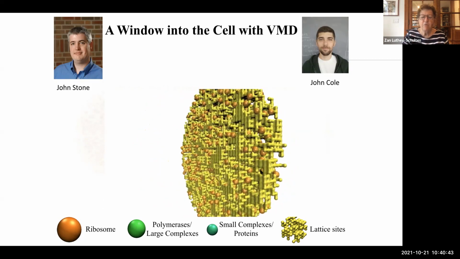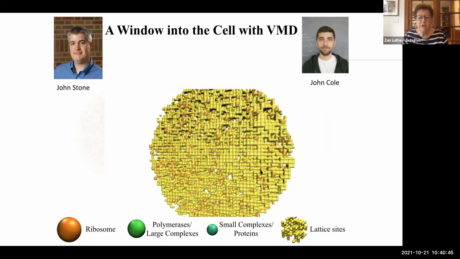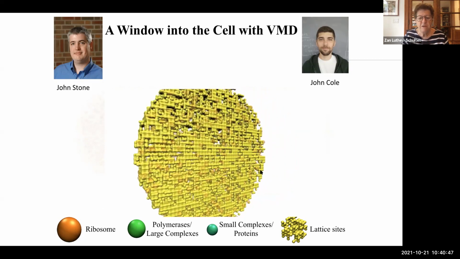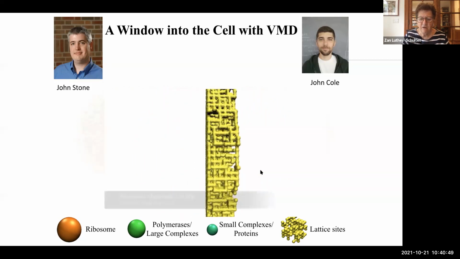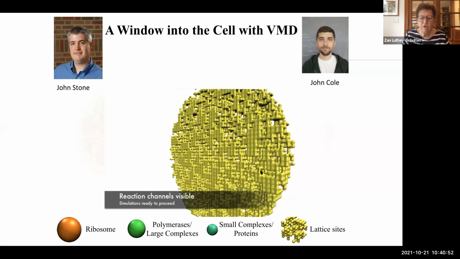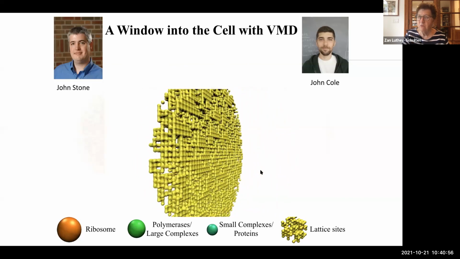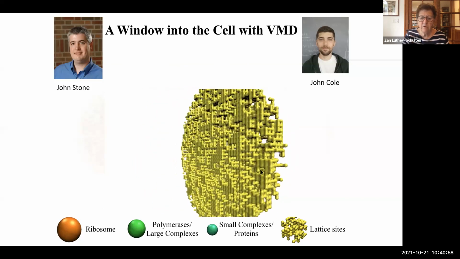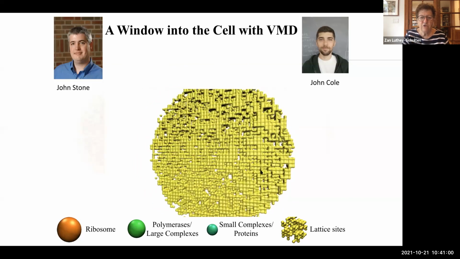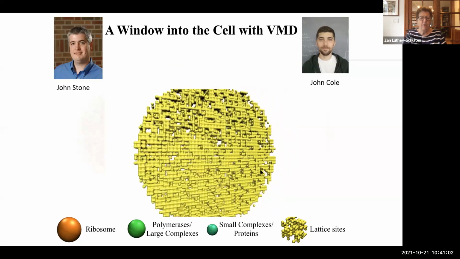If that thing is occupied, then you color it yellow, and you can see sort of the open spaces that are there. And the reaction channels are really becoming visible. All right, so I sort of like this example of how one could use VMD to get a window into the cell.